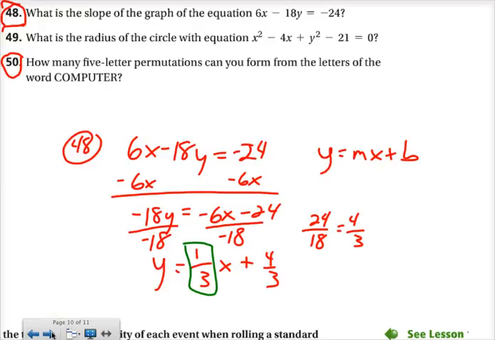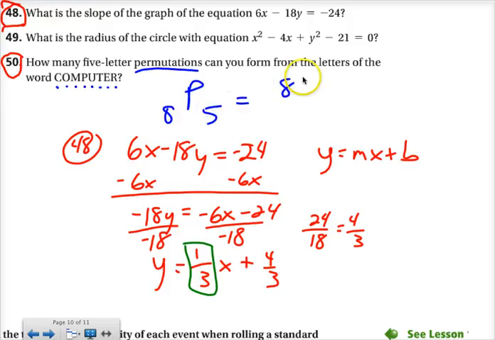Then for number 50, it says, how many 5-letter permutations can you form from the letters of the word computer? All right, so definitely going to be P for permutations, and I need a total. Well, this is the word I'm supposed to use right here, so I better count up how many letters I have to choose from. 1, 2, 3, 4, 5, 6, 7, 8. 8 total letters, and I want 5 for my permutation.